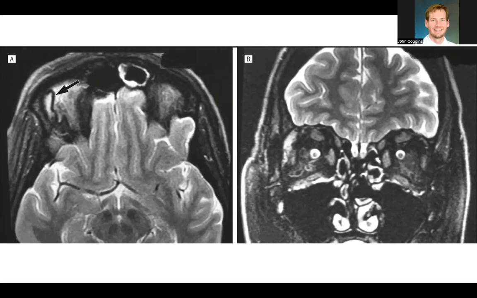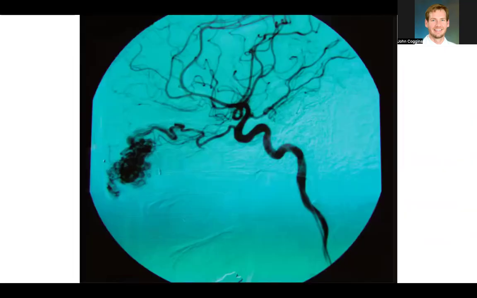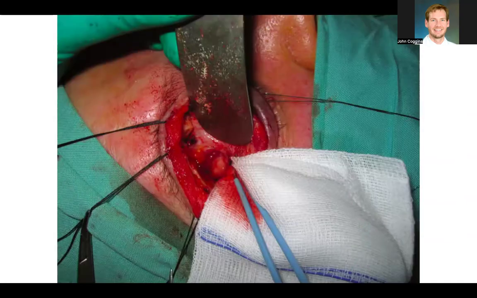And one thing that I'll point out in the arrow in image A, you have a flow void where the scan is black because the blood in that area is moving so fast the MRI doesn't pick it up. This is angiography, and then the treatment was surgical excision after embolization.